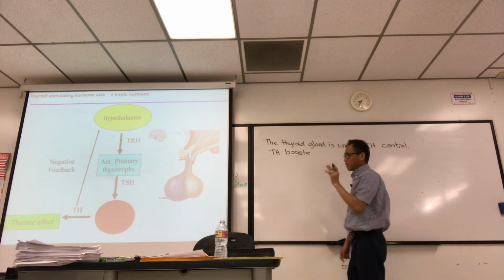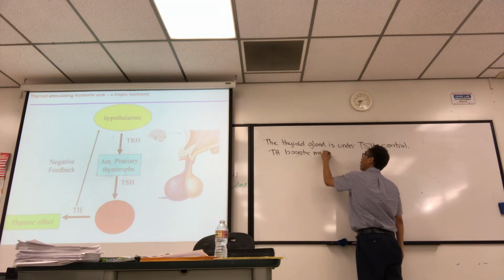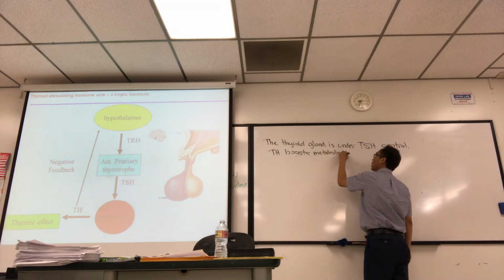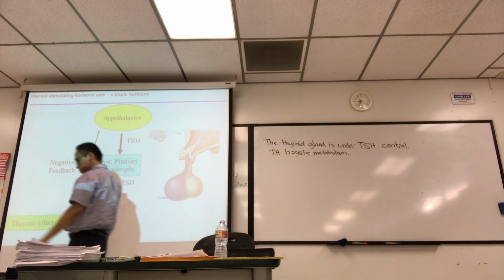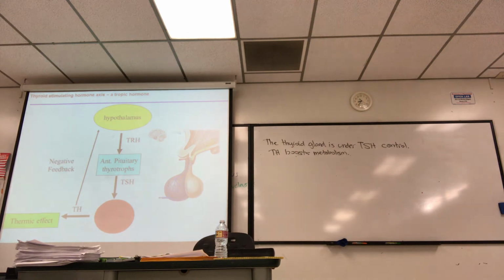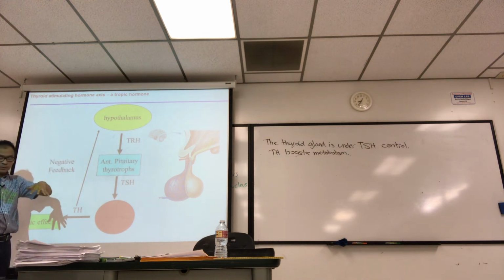Thyroid hormone basically boosts metabolism. That's what I mean when I say thermic effect. Increase your body heat, burns metabolism, burns calories basically. And more on thyroid hormone, I'll save it for Friday. Now, once you get enough levels of thyroid hormone circulating, it'll negatively feed back, kind of like turn it off.